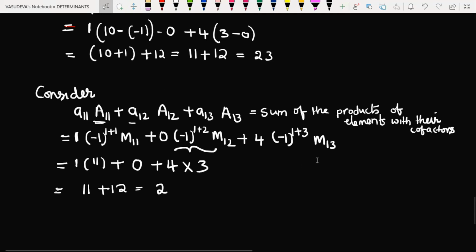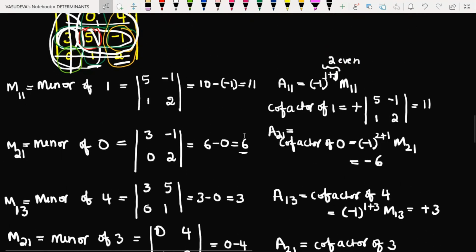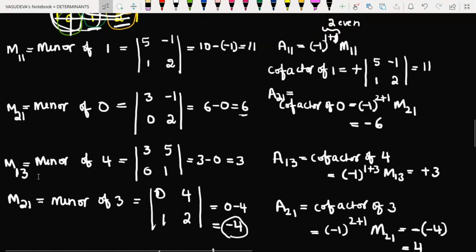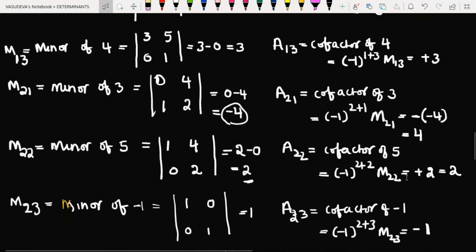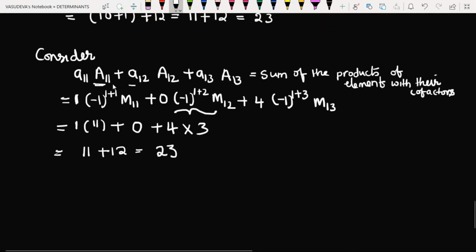M13, the minor of 4, is 3. So 11 plus 12, 4 into 3, that is 23. So what we are getting here, the sum of the products of the elements with their corresponding cofactors, is the determinant del.